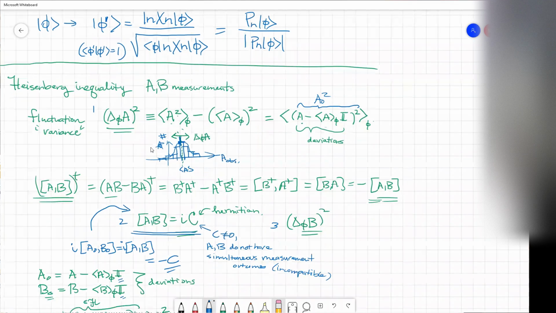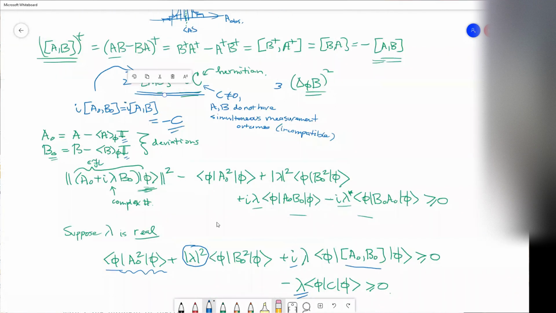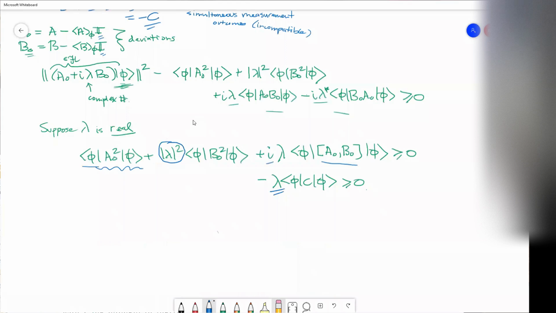So this whole thing is delta phi of a squared plus lambda squared. Since it's real, I can drop the magnitude. Delta phi of b squared minus lambda, and we just call this c phi, right? That's greater than or equal to 0.